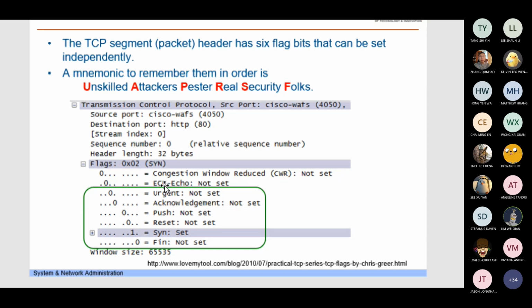CWR, ECN, completely unused, never used by anybody. In fact, most of the time they are simply ignored, because they were there for a particular extension of the TCP protocol that seemed like a good idea at the time, but over time it has turned out to be useless.